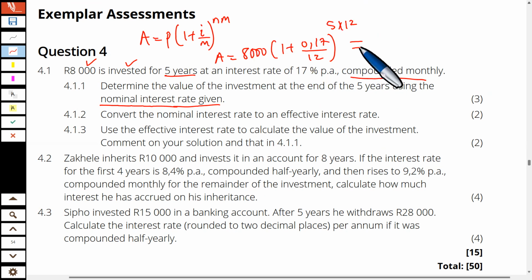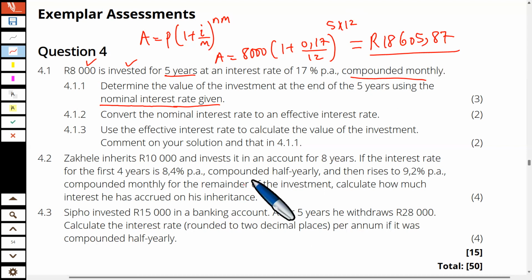Okay, goodness me, we are doing well. 18,605.87. So in other words, the 8,000 is going to become 18,605.87. This is what it is going to be worth in 5 years' time.